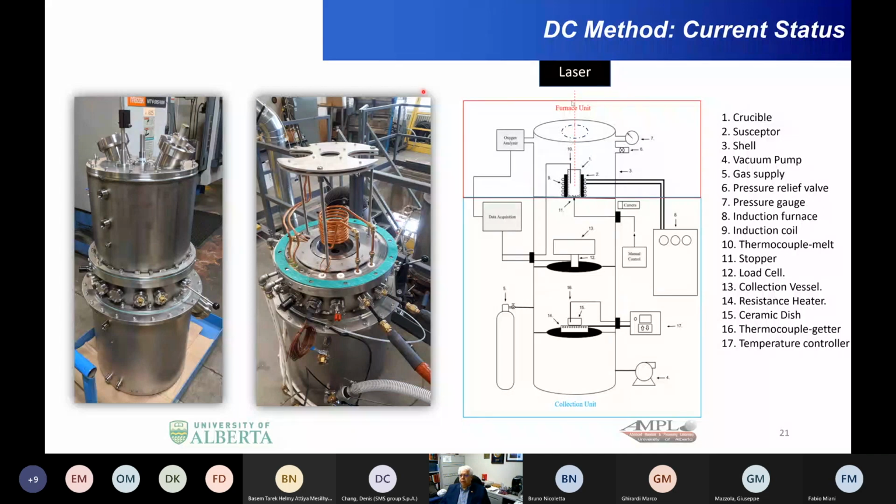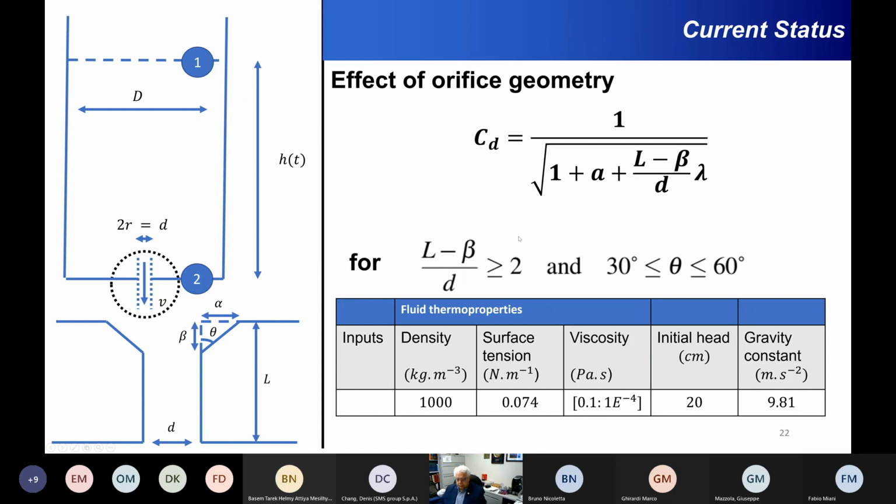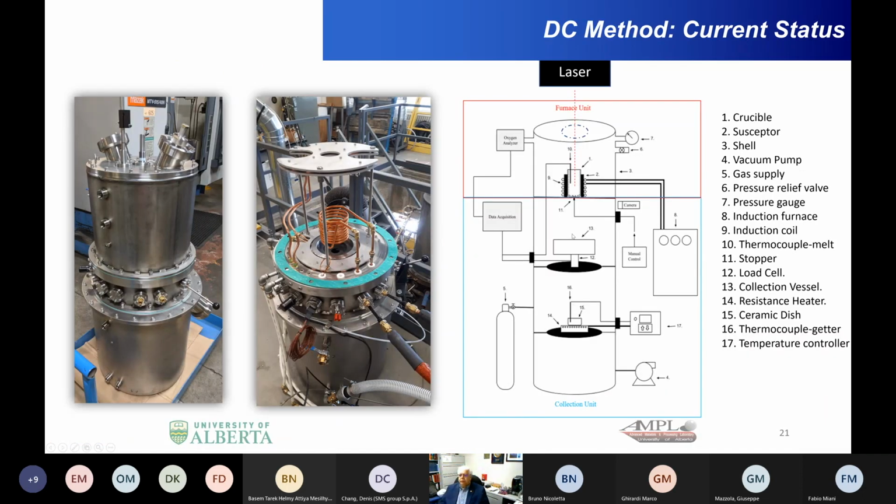But this time we're going to have a laser giving us a direct measure of the height of the liquid in the crucible. And then we also collect the load cell data that gives us the weight of material landing on the load cell as a function of time.